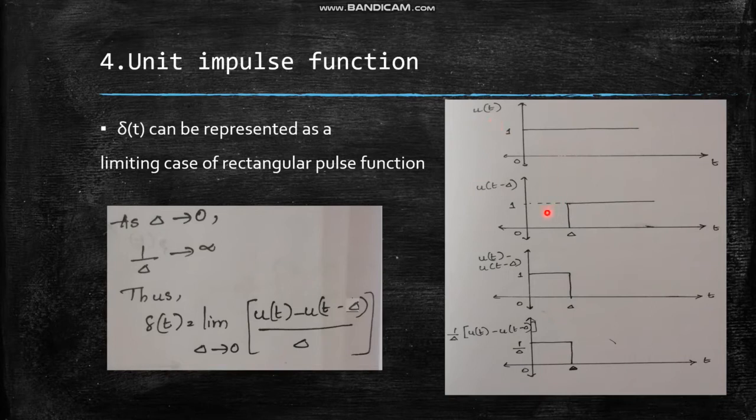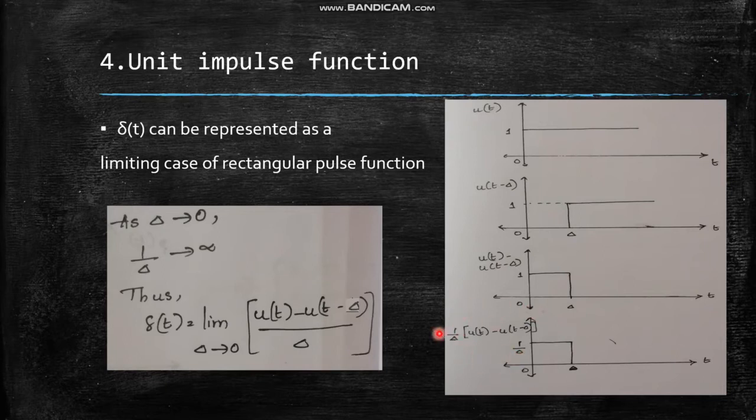Now we have to subtract this u of t minus delta from the u of t signal. We obtain a rectangular pulse like this with a value of 1.